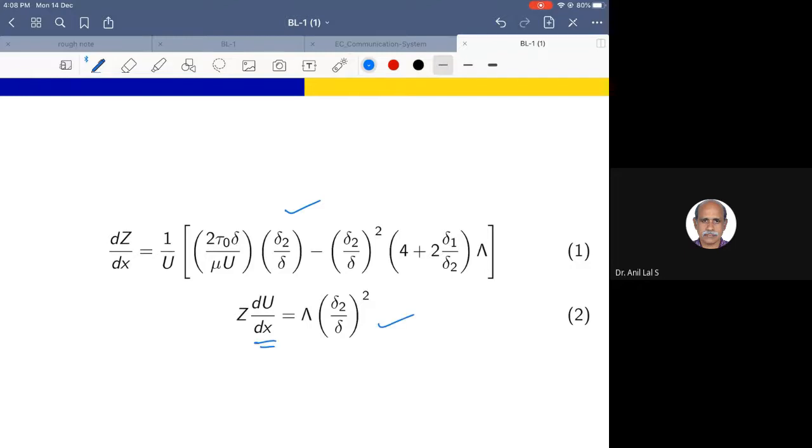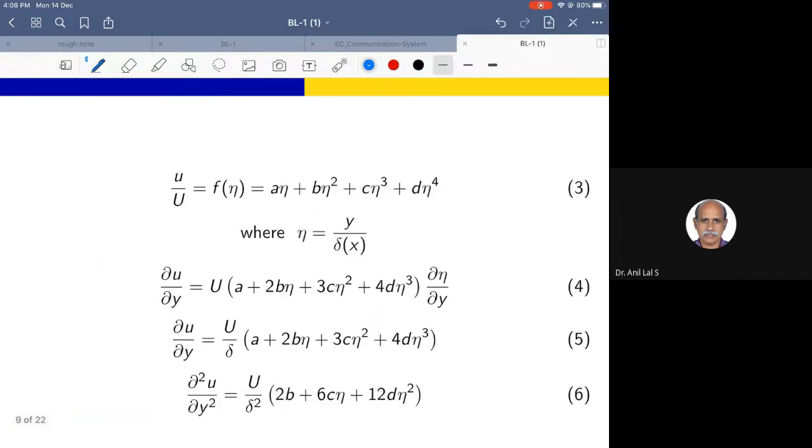These equations 1 and 2 are numerically solved to obtain z and lambda for the boundary layer over the body. For that, another prerequisite is an approximate velocity variation over the boundary layer. So we have the boundary layer over a body surface.